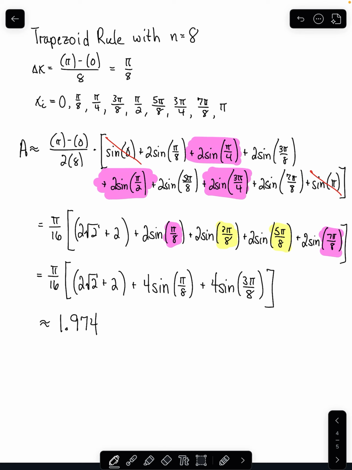For a smaller number of n, it may not be as accurate all the time, but it certainly does approach if we were to continue on to n equals 100 and n equals 1000. We would find that the trapezoid rule will approach the actual area of 2 much more quickly. That is to say, it will become more clear that it is approaching 2 with a smaller value for n than the midpoint rule would.